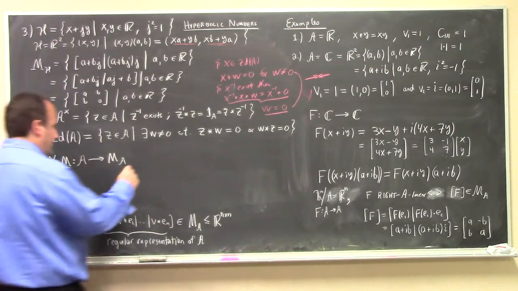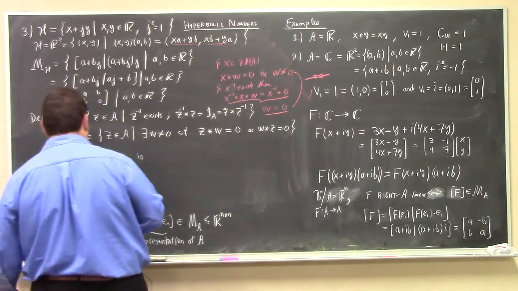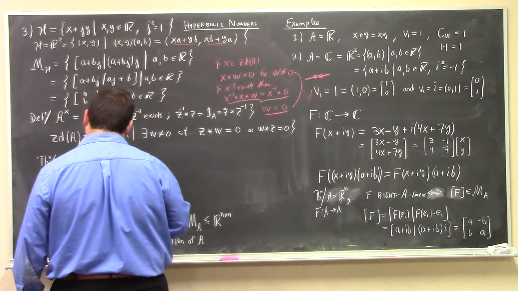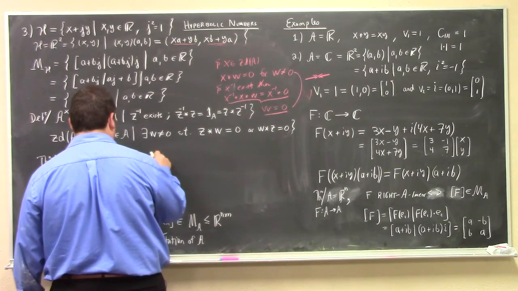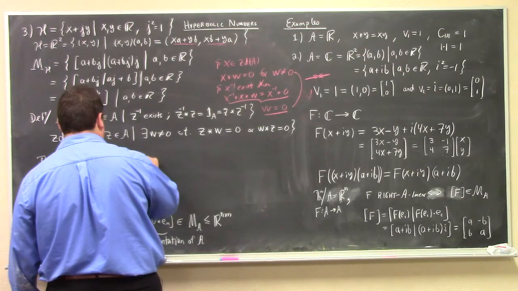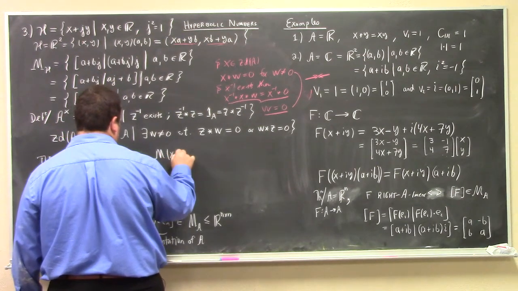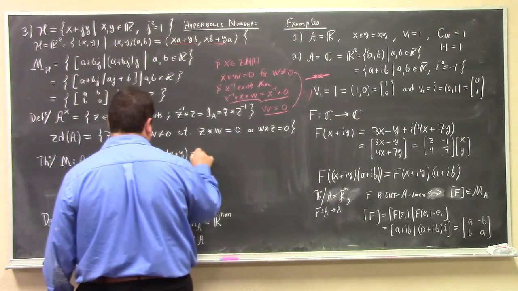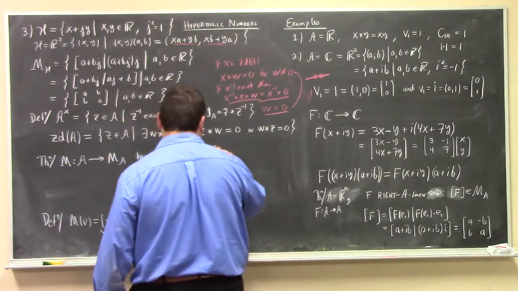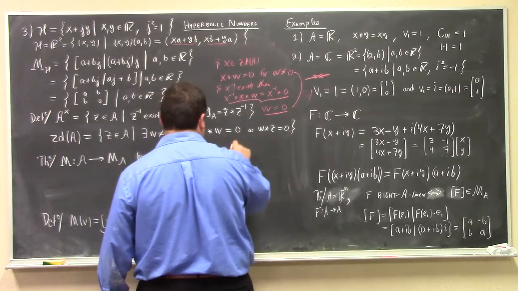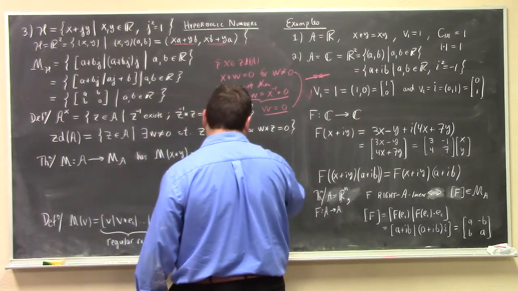I'll just say this. It has M of x times y is equal to M of x, M of y.